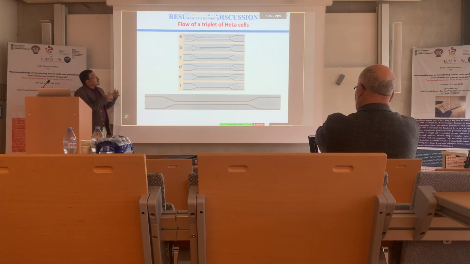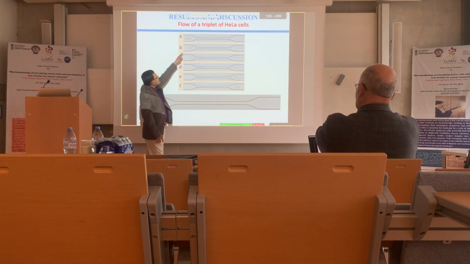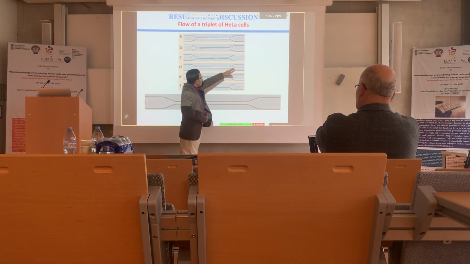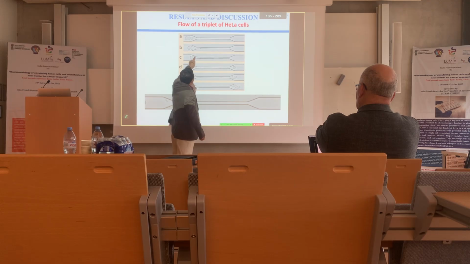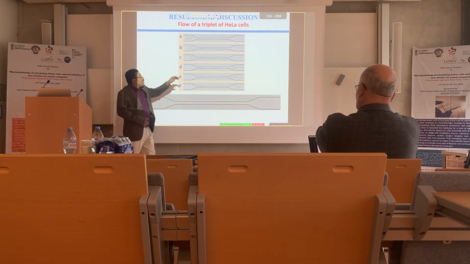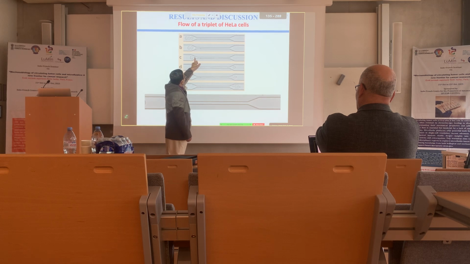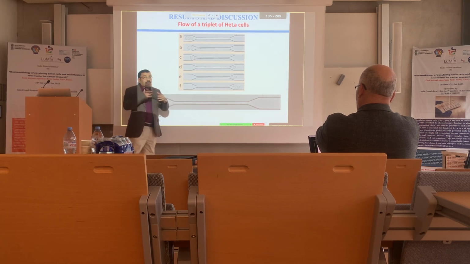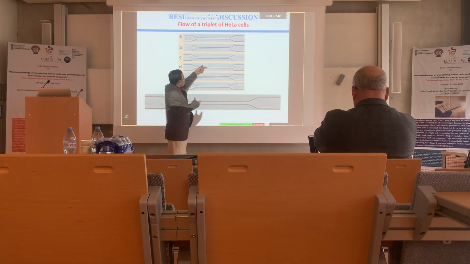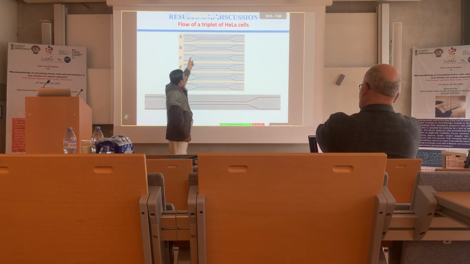But when we get a triplet, you can see that they go inside one by one. They are squeezed, go through, and come out on the other side. But while one is going, it is obviously blocking the passage. So the velocity becomes very low, and slowly it goes, and it stays for a longer time inside. So the residence time is more for the second and third cells.